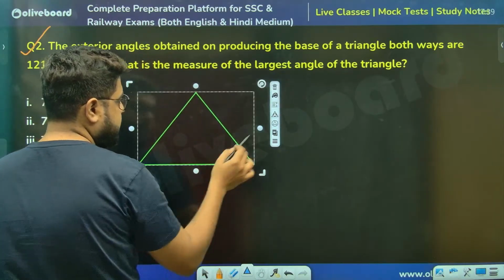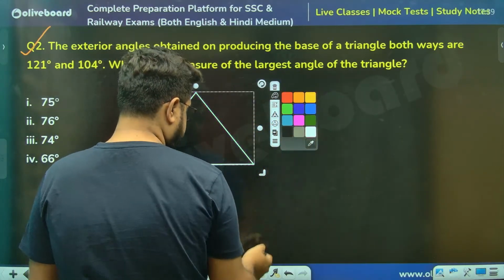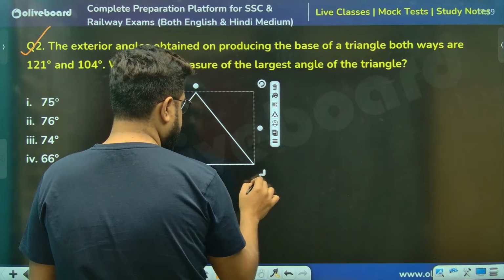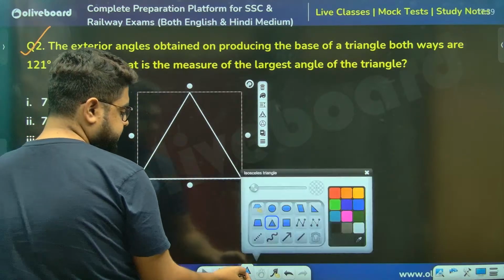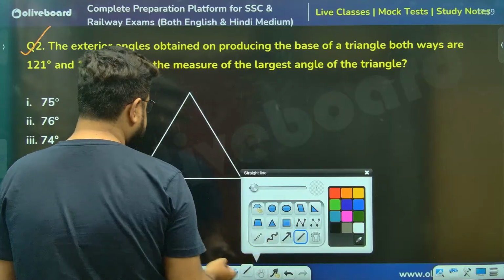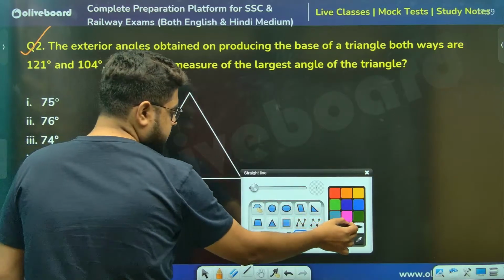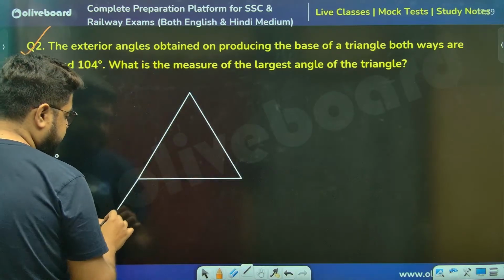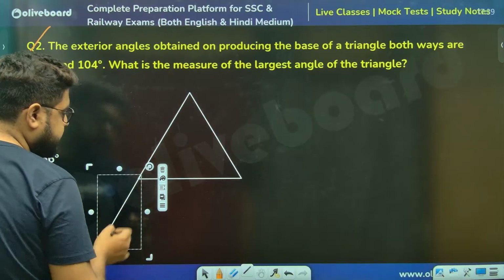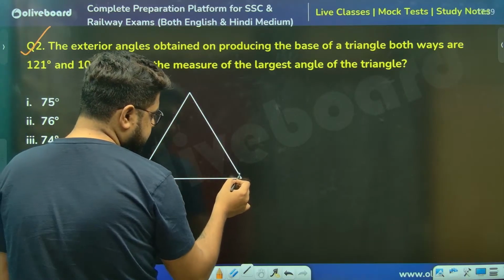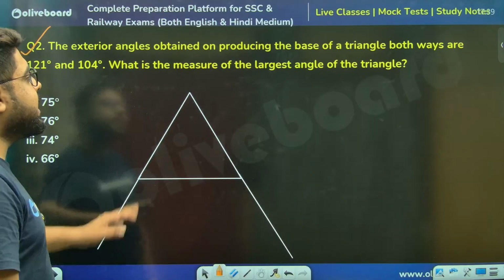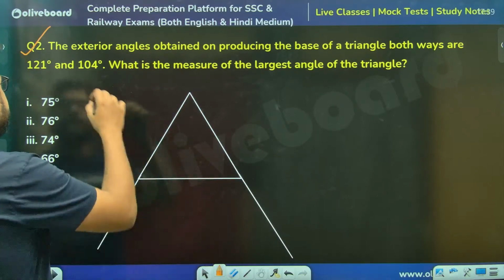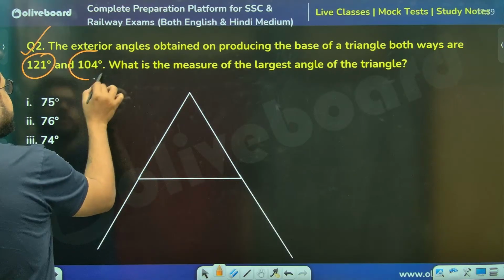Let's make it like this. Now what they are saying is, if you extend the base like this and extend the base like this, the exterior angles produced are 121 degrees and 104 degrees.